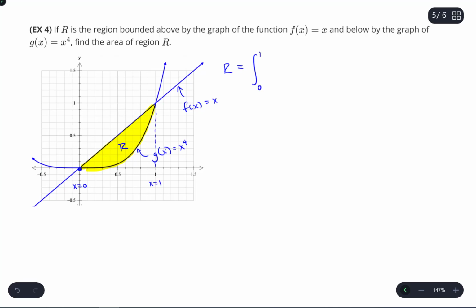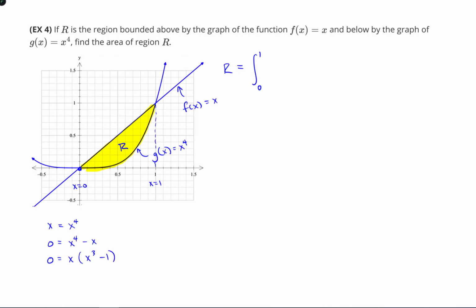If it wasn't quite so evident where those two curves intersected, you could certainly set them equal to one another. So x equals x to the fourth, and then solve. And there's not really much here to solve, so I would have like 0 equals x to the fourth minus x, or 0 equals x times (x cubed minus 1).